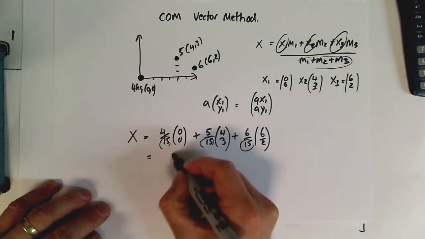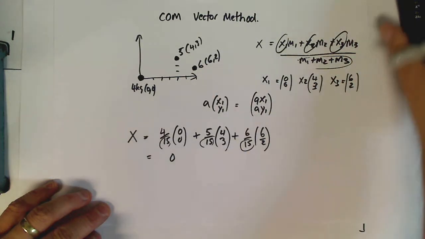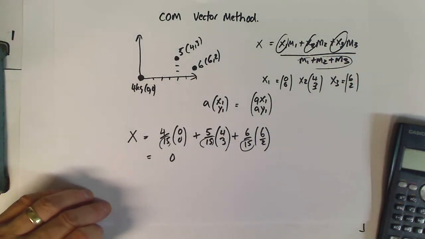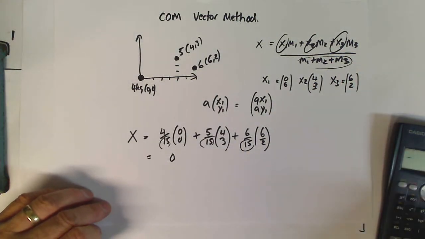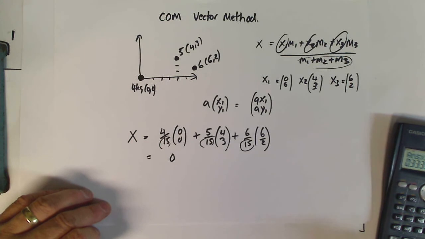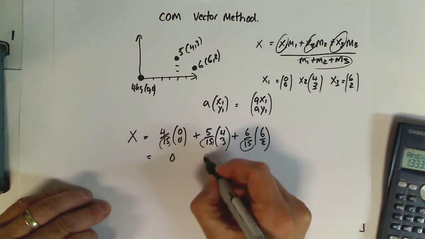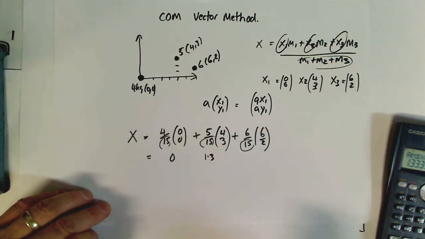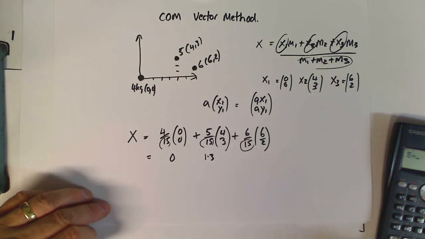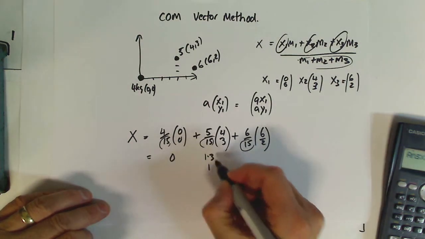So as a vector, that first part equals that. Then we've got 5 divided by 15, right, which is 1/3. And we multiply that by 4, and we get 1.3, and then the second component we get 1, right?